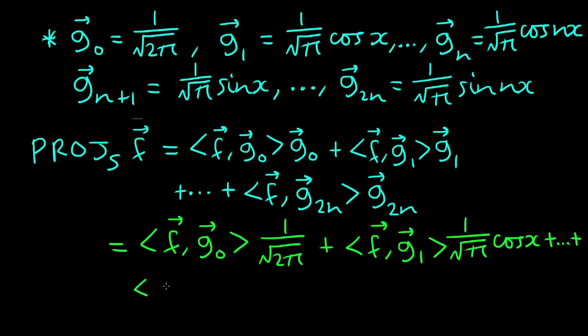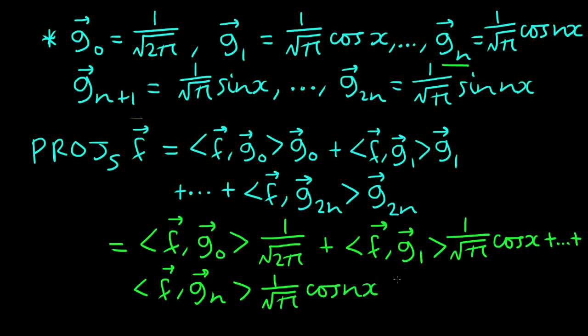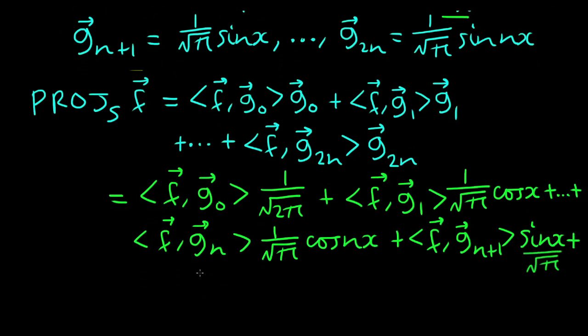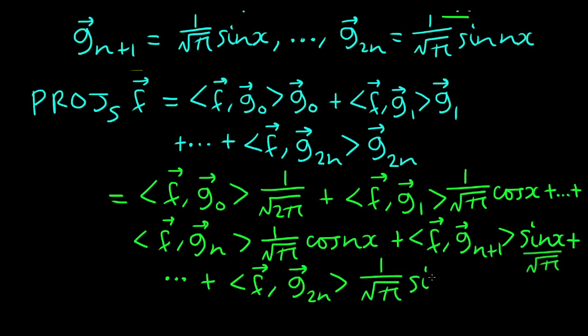So we have the inner product between f and gn multiplied by gn, which is 1 over root pi cosine nx, and the next term will be the inner product between f and gn plus 1, multiplied by sine x on root pi, and this continues on and on up to the inner product between f and g2n, multiplied by g2n, which is 1 on root pi by sine nx.